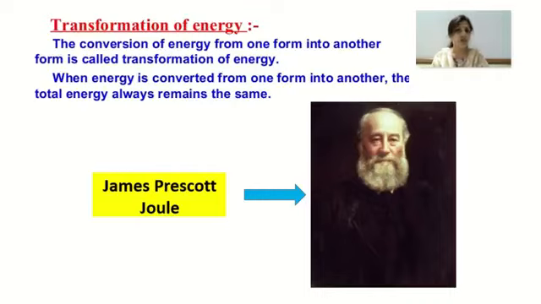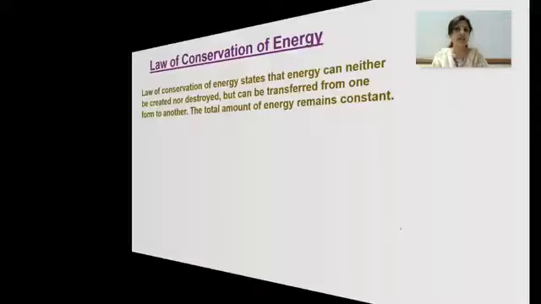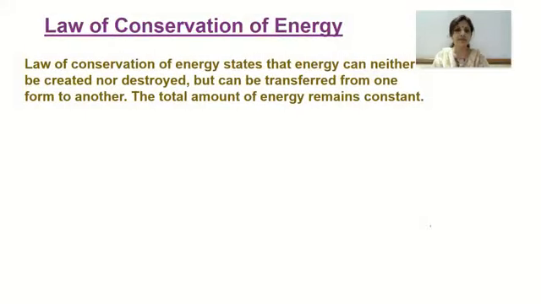So the law of conservation of energy states that energy can neither be created nor destroyed, but it can be transferred from one form to another, and the total amount of energy always remains constant.